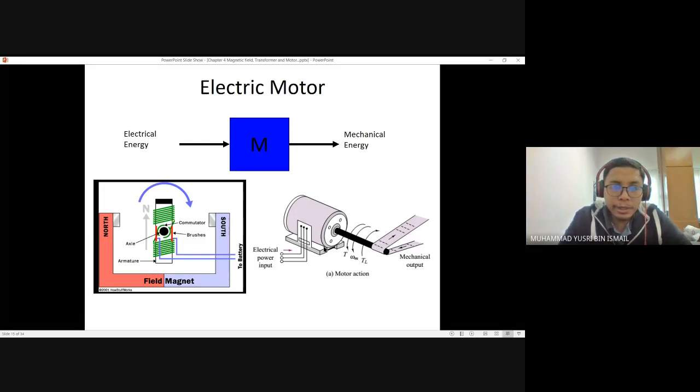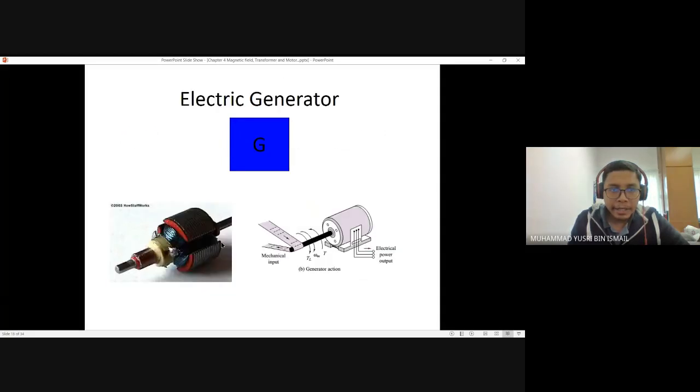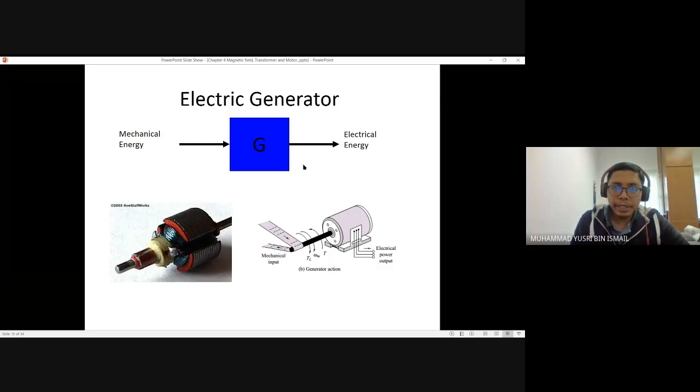For electric motor, it changes the energy from the electrical energy to the mechanical energy. So this is the electrical power input, and then it will produce a mechanical output, based on the rotation. And for electric generator, it converts the energy from the mechanical to the electrical energy.